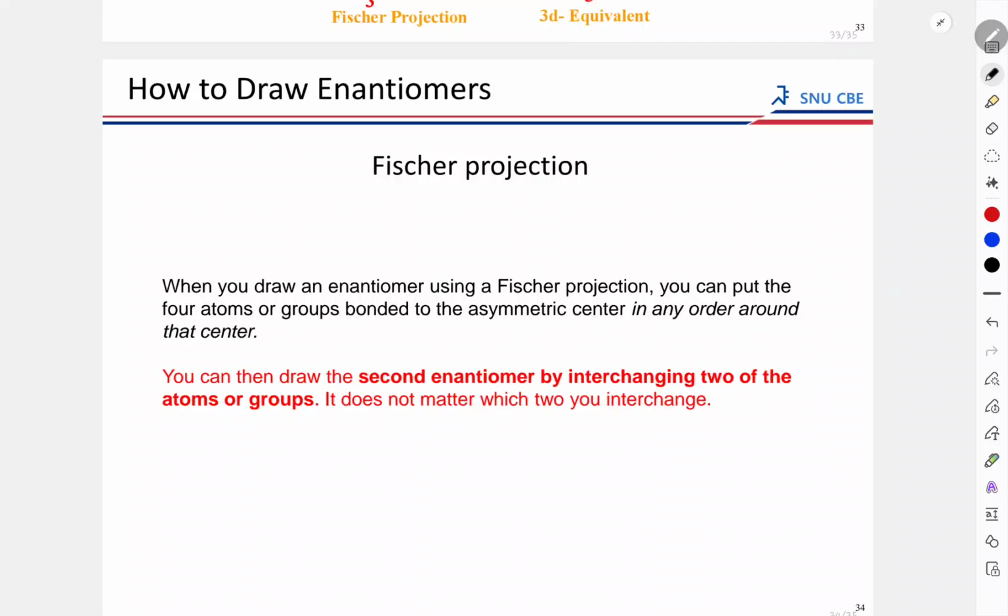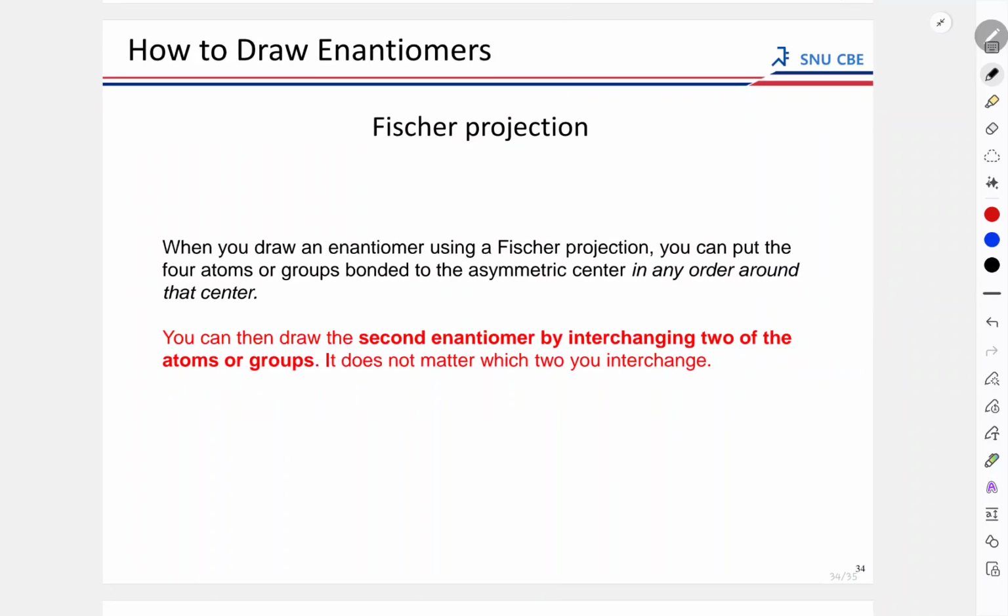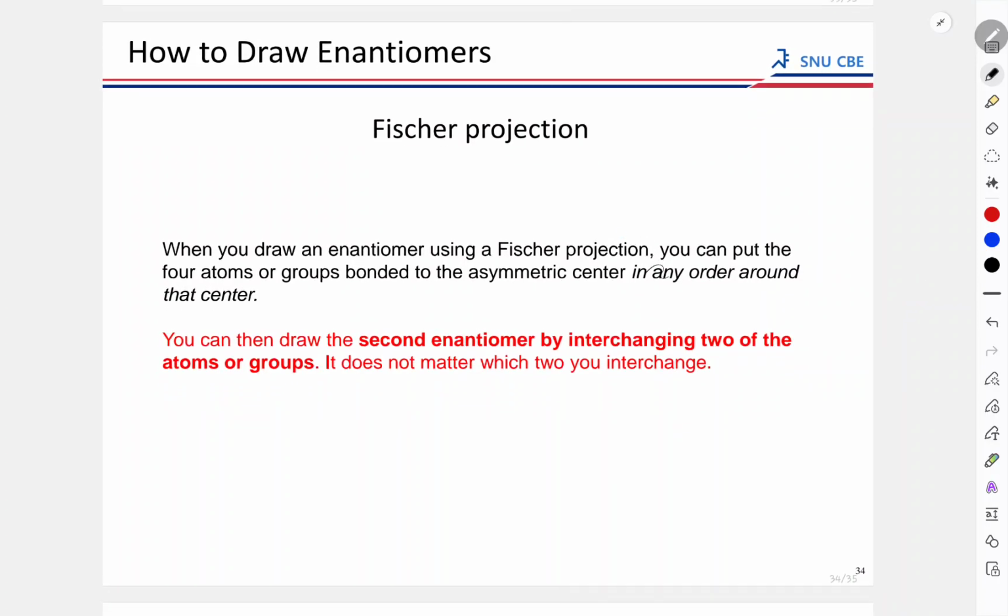When you draw an enantiomer using Fischer projection, you can put 4 atoms or groups bonded to asymmetric center in any order, as you did for the perspective formula, right? And then when you draw the second enantiomer, as I mentioned, you can simply interchange 2 of the groups, right? Does not matter which 2 you interchange. This will give you the second enantiomer.